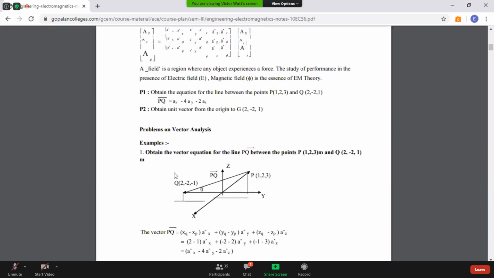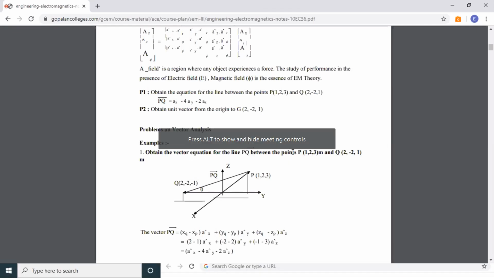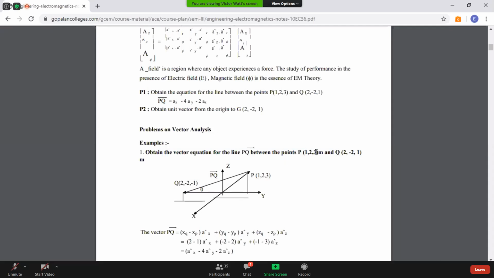First, going back, we have a vector P (1, 2, 3) meter. So P at this point: x equal 1, y equal 2, z equal 3.